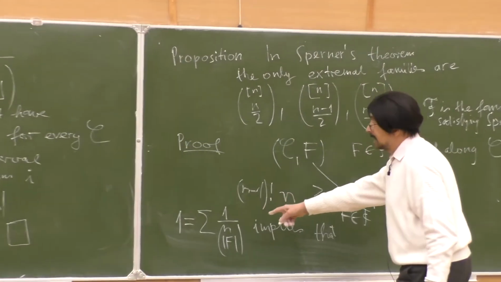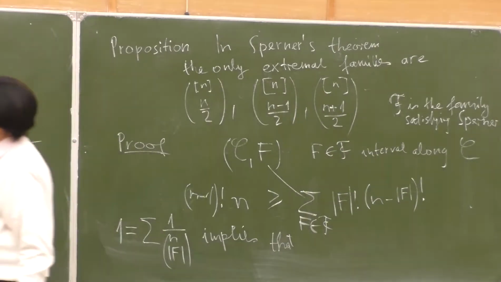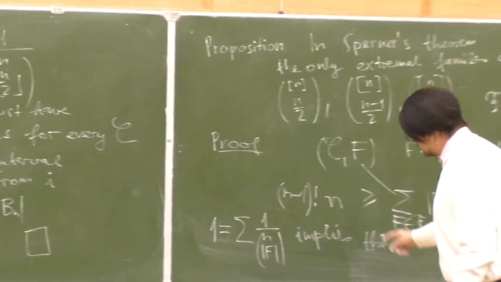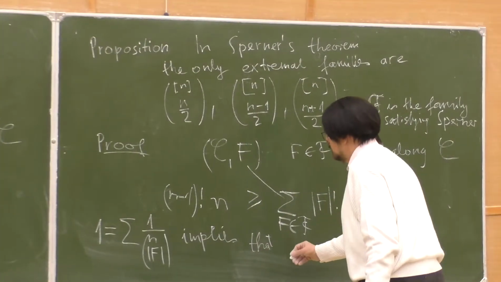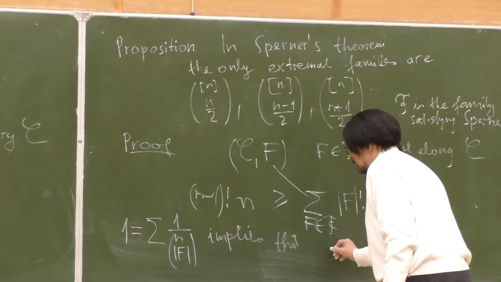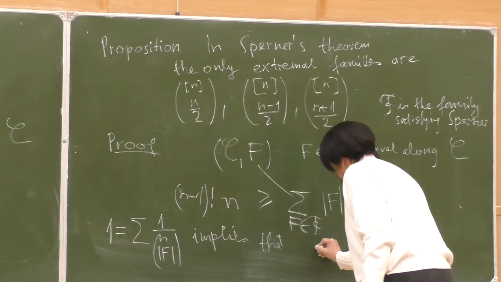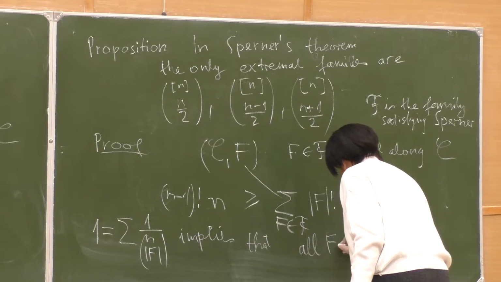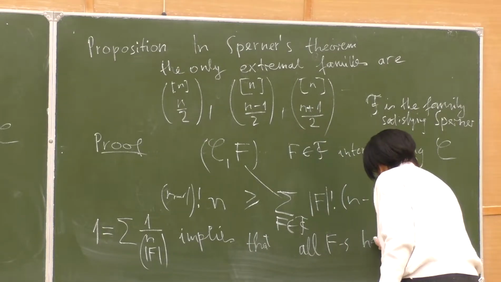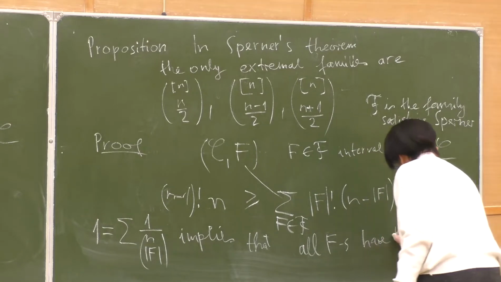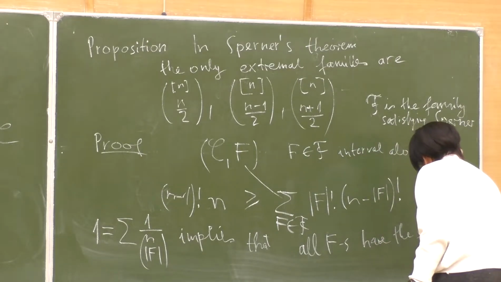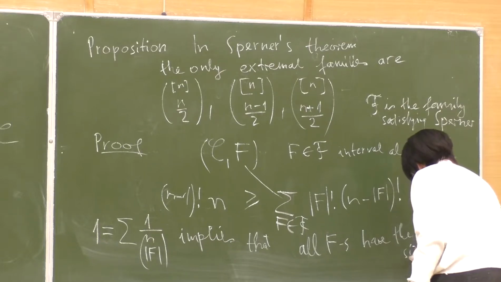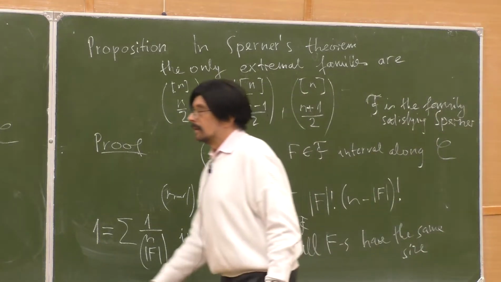So this equality here, in this inequality, if we have exact equality, then it means that all f's have the same size.